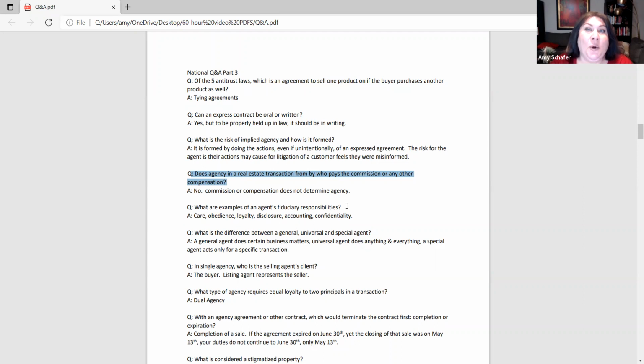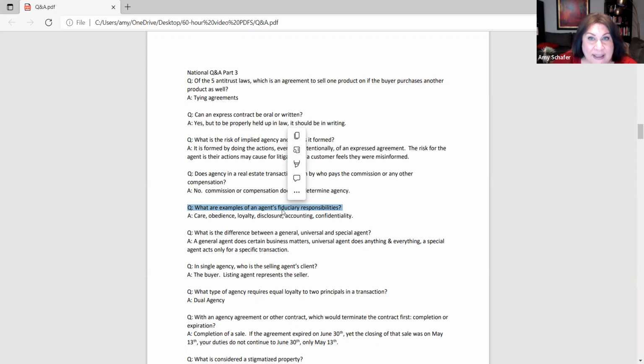And because you are a licensed agent, the public assumes that you know more than the average Joe. So that's where the idea of care comes into place. I would know each of these 6 elements by definition and also an example. This question here about these fiduciary responsibilities is going to fall under the category of agency.